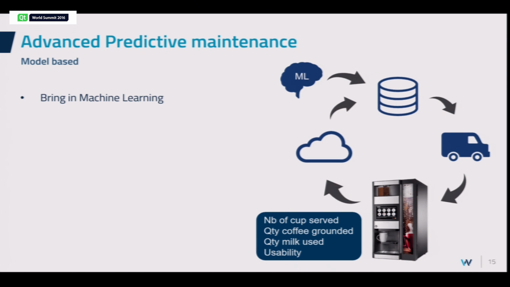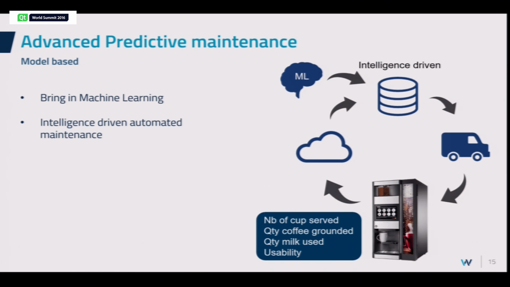The idea is that we will simply bring machine learning into the mix with this nice little brain on the side. We'll use this intelligence to drive all the logic. Instead of doing simply an if, we'll learn on the set of data, and we'll use what we learn to make a prediction to say there will or will not be a problem on my machine.